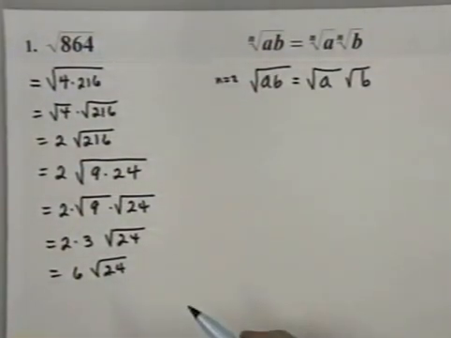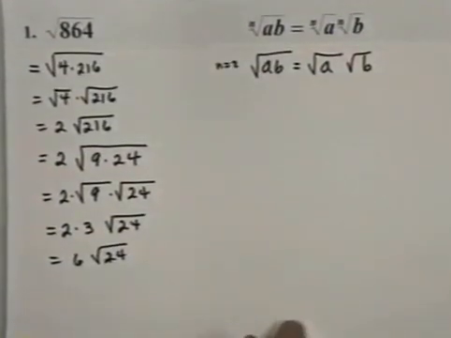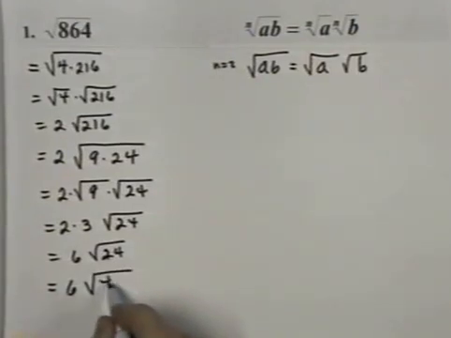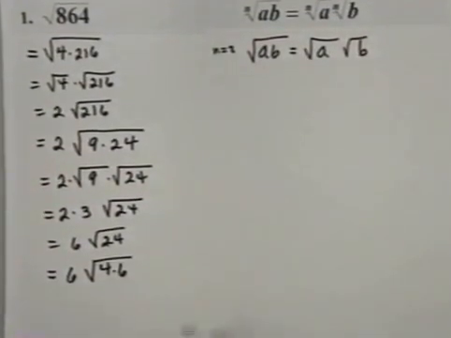But are we done still? No, because 24 is not in simple radical form. We can write 24 as the product 4 times 6, where 4 is a perfect square factor again. And so we're almost there.